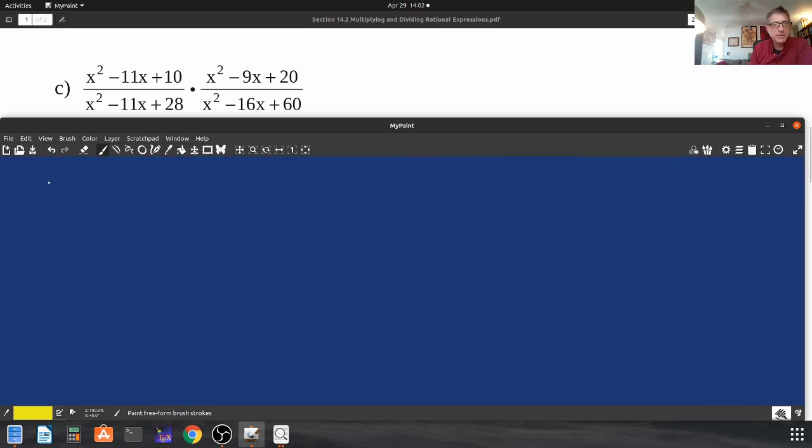So let's do 1c. As you can see right here, we have a lot of degree 2 polynomials, and all of them are going to have to be factored. The good thing about all of these is that the leading term is 1.